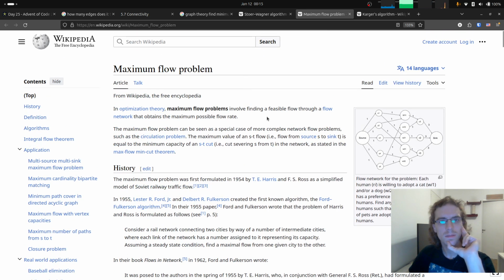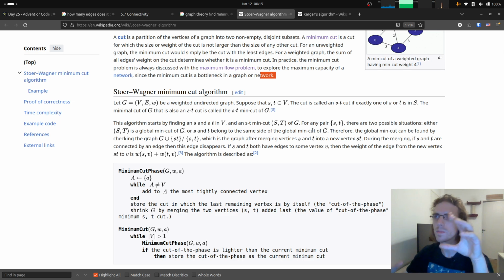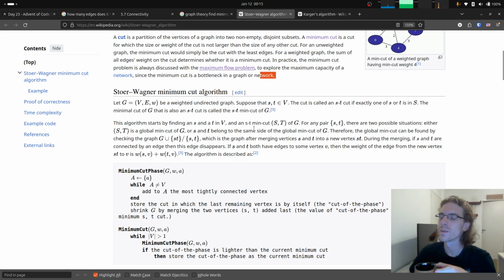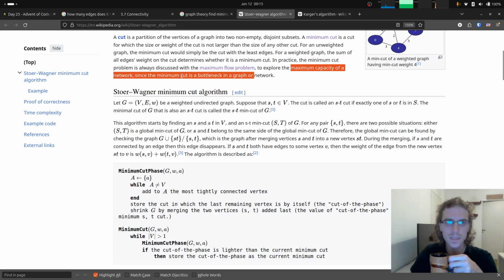But yeah, this also makes me think of networks like the internet or like an electric grid, where you want not only to have connectivity, but you want to have big pipes and the best possible download speed. So you need to provide, I guess, flow for many nodes on a network. So it makes sense that all of these things are related. The maximum capacity of a network. The minimum cut is a bottleneck in a graph or a network. Okay, very interesting.